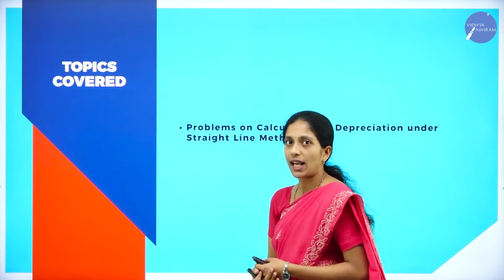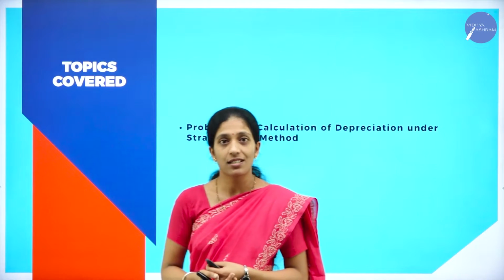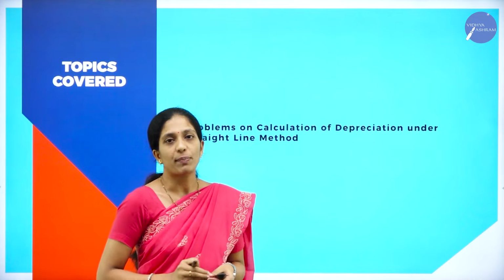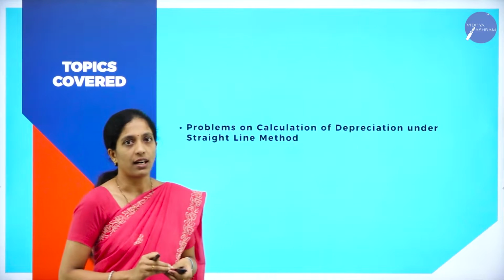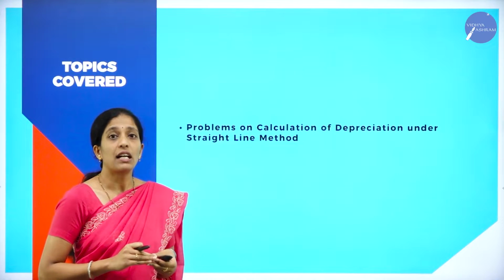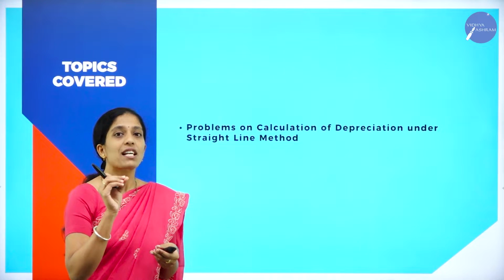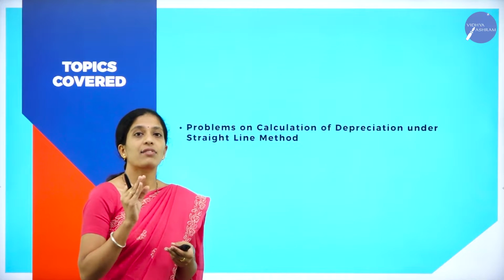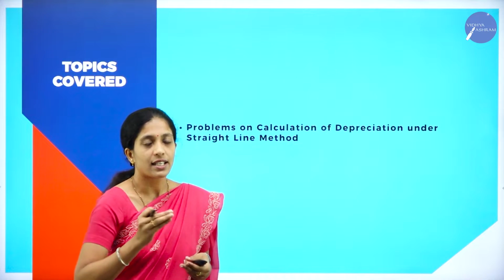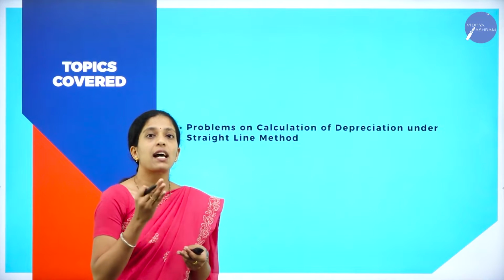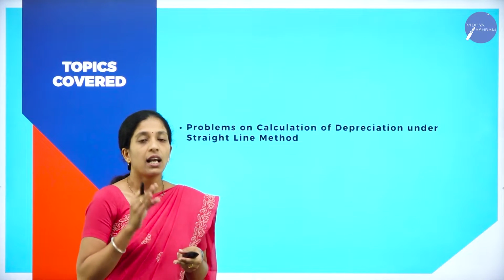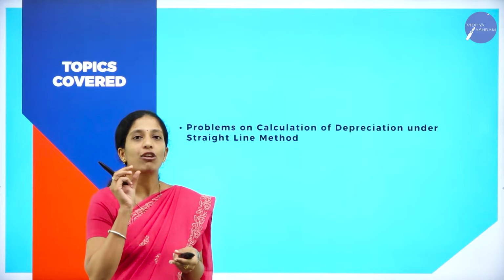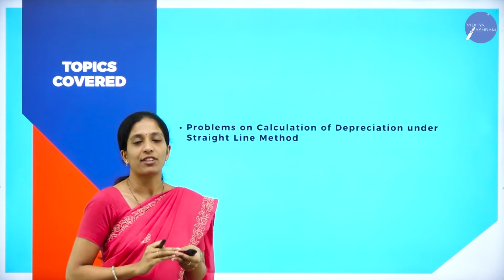In a previous session, I have covered this topic, that is we were discussing calculation of depreciation under straight line method. Now what do you mean by straight line method? Here the value of depreciation will be same unless any additional asset is purchased or any asset is sold in between. Unless in that situation, the value of depreciation will be same year after year.